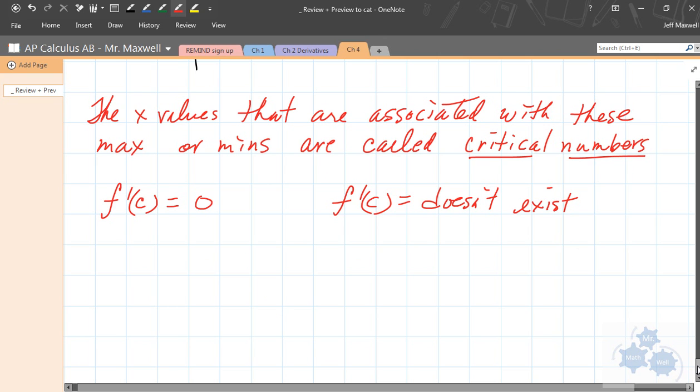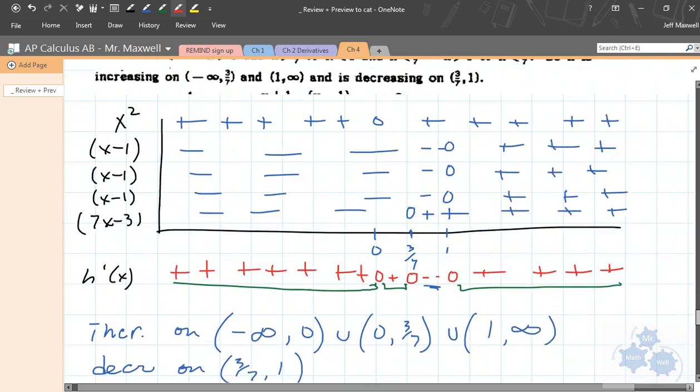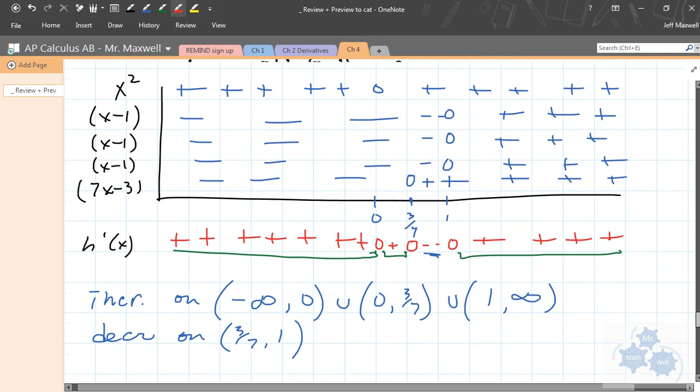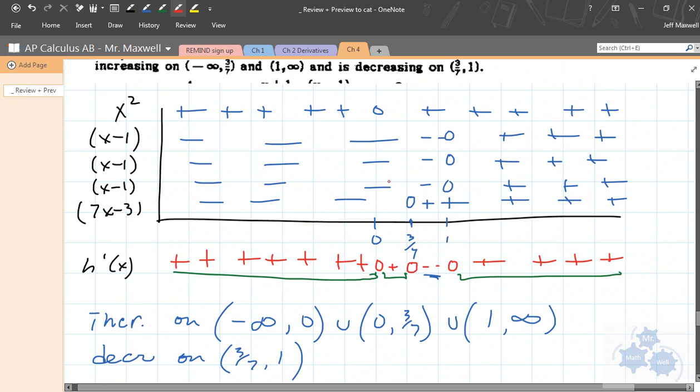And if we look back to our sign analysis, this is the derivative, right? And at this x value, the derivative is 0, so what do you call this? It's a critical number. This is a critical number as well.